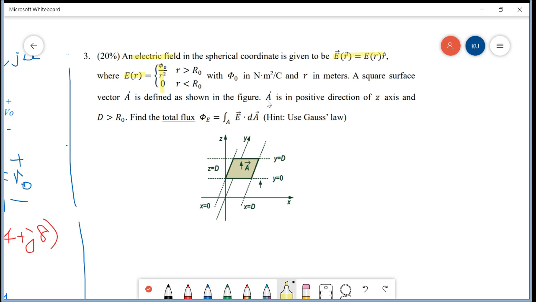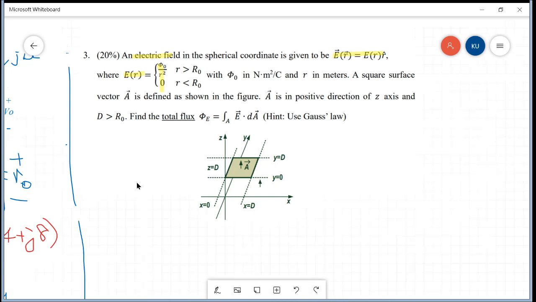In this case, A is in the positive direction of the z-axis, pointing upward, because for a plane the direction of the area vector can be upward or downward, but here we assume it points upward. d is larger than r0, and we would like to find the total flux for this integral, and the hint is using Gauss's law.